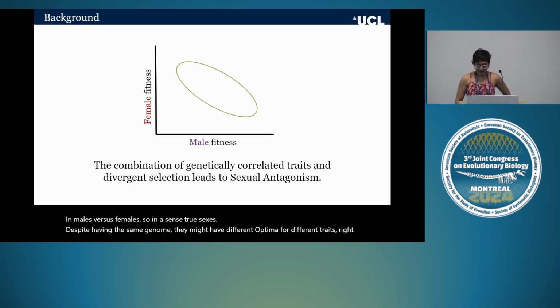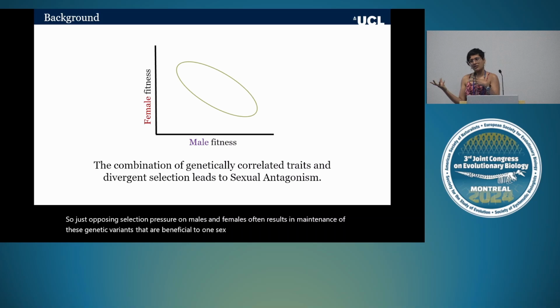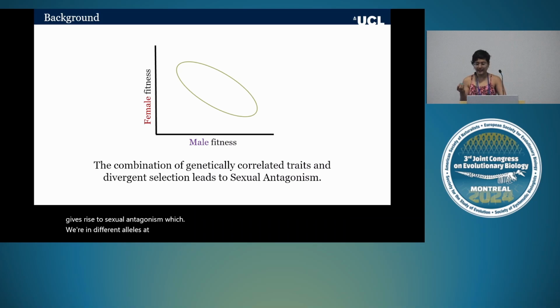This opposing selection pressure on males and females often results in maintenance of genetic variants that are beneficial to one sex and not so much to the other. And this gives rise to sexual antagonism, wherein different alleles at a given locus are favored in one or the other of the two sexes.